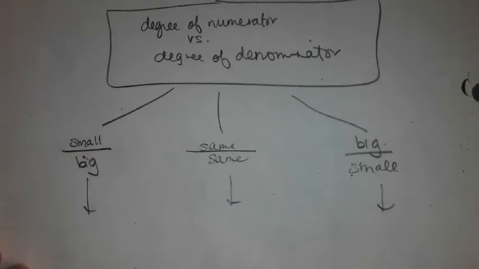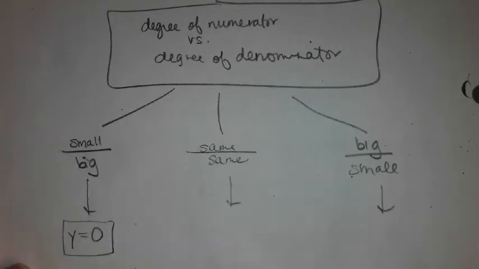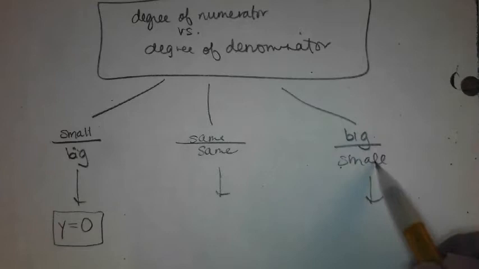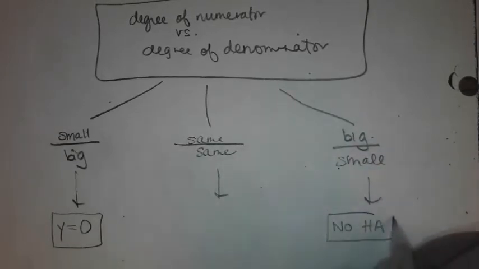If it's small over big, you just have a horizontal asymptote at y equals 0. If it's big over small, there is no horizontal asymptote.